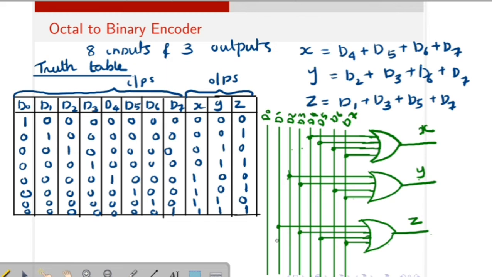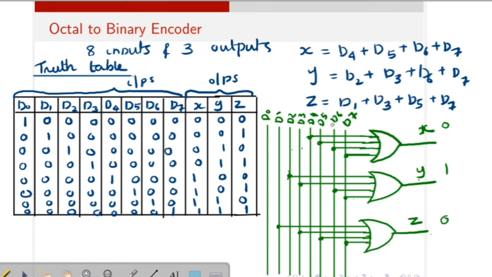The inputs of the first and third OR gates are 0. So x and z are equal to 0, and we get output only for y. That means D2 is the only line that is 1, and it is given only to the second OR gate. So here it is 0 1 0, which is the binary equivalent of 2.